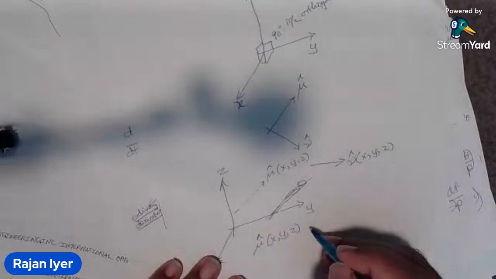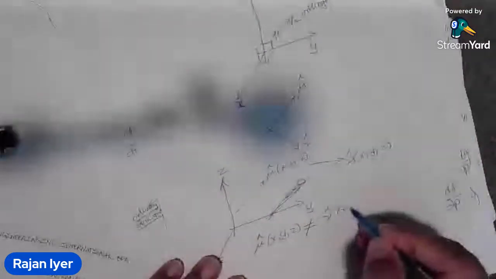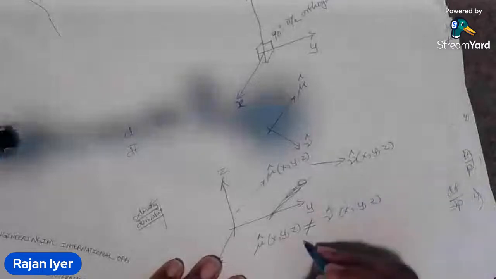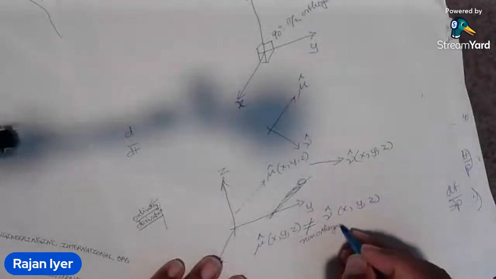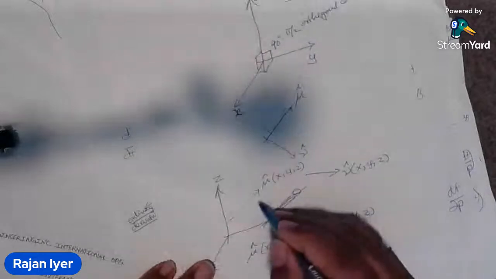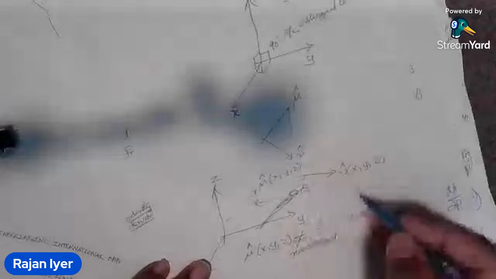Mu prime x, y, z is non-orthogonal. I don't know how you write that. So in general, if you take the angle theta between them, it could be any angle, not equal to pi by 2. I think there's an upside down capital letter T for orthogonal or perpendicular, but I don't know how you'd write that.